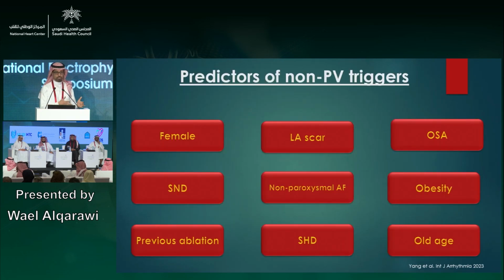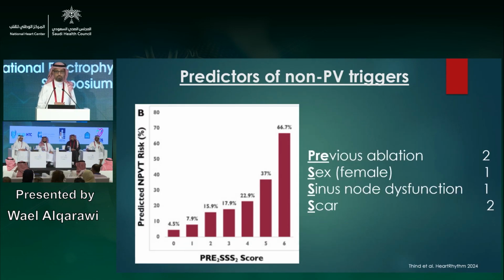And over the years, people have tried to develop predictors of extrapulmonary vein triggers. The list is long. Perhaps important ones are female sex, non-paroxysmal atrial fibrillation, and old age. And just recently, there was this scoring system that can help you predict who's going to have extrapulmonary vein triggers based on 4 independent predictors.